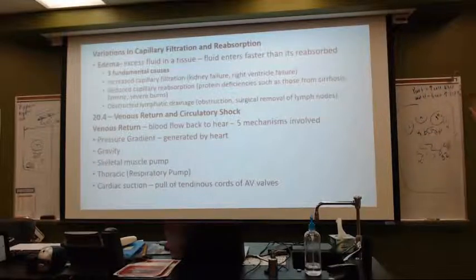So if you think to those pressures and the movement of materials on that arterial end, if there's an increase in that capillary fluid going into my ECF, such as kidney failure. People who have kidney failure, one of the things that happens, edema begins to build up.